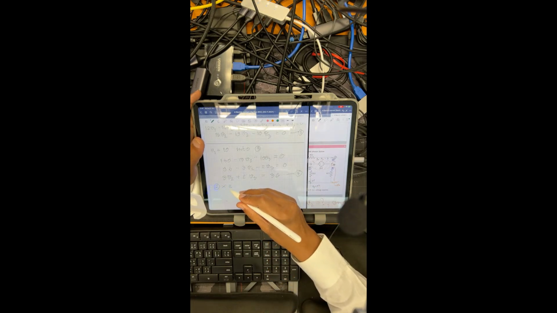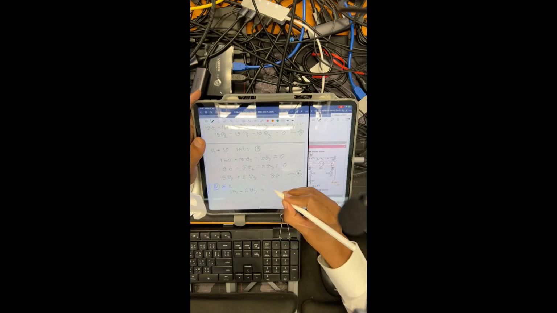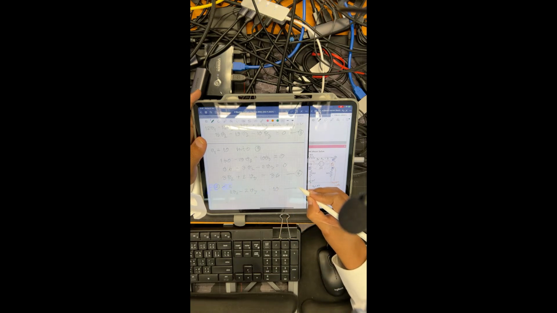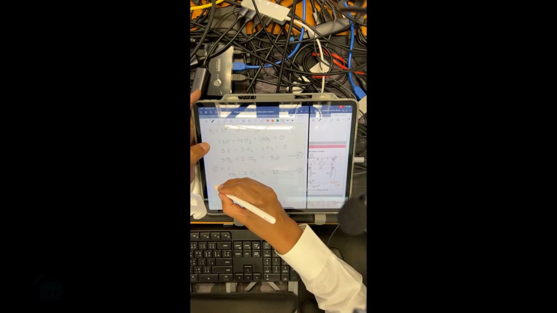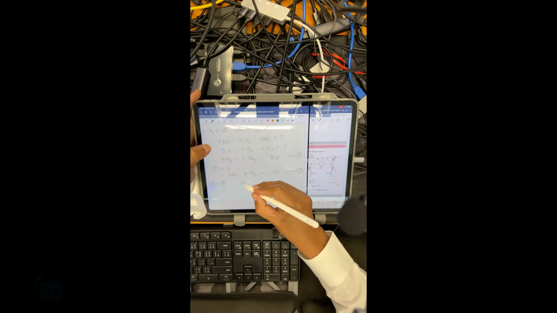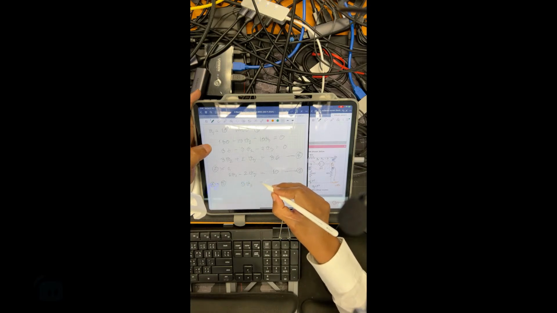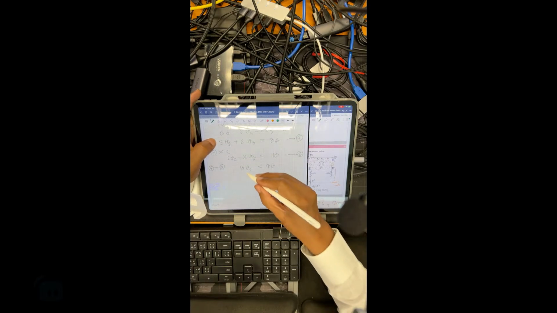We're going to have 2V2 minus 2V3 equals 10. That's the fifth equation. We combine the fourth and the fifth equation. Adding them, we get 5V2 equals 46.